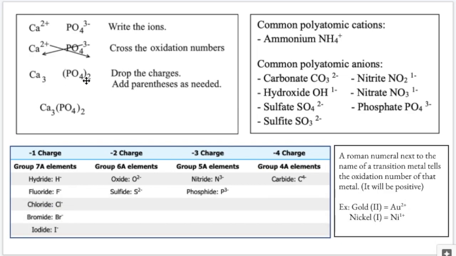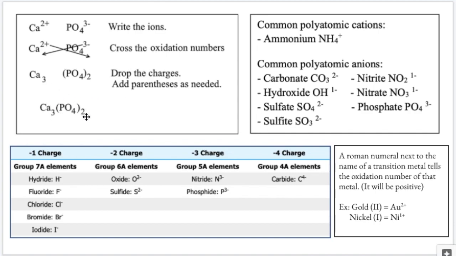We're saying that there are 2 of this whole compound, so we need to put the whole compound in parentheses. We don't put the whole thing in parentheses because we don't have an additional 2 of the calcium. We only have 2 of this compound. Then make sure that you reduce if need be.